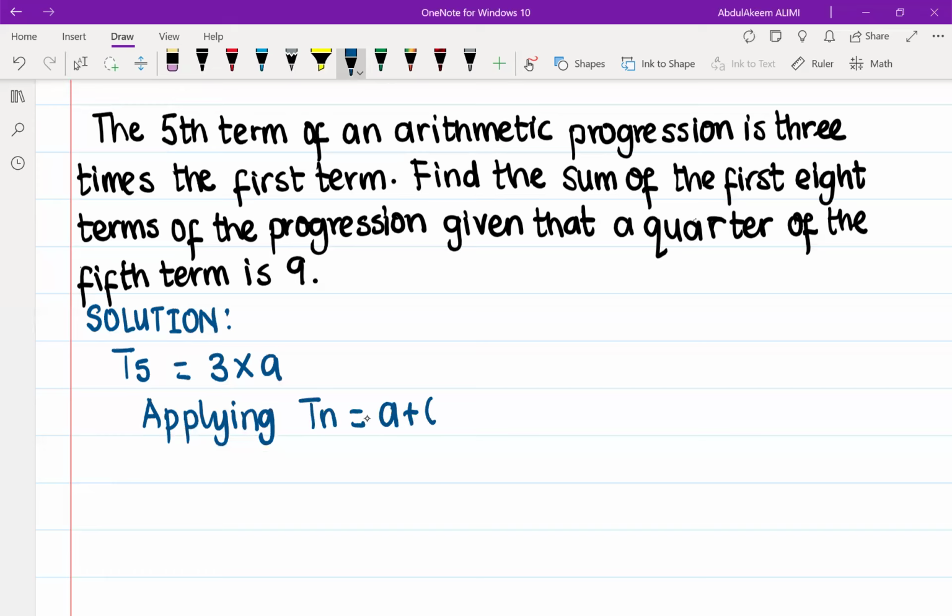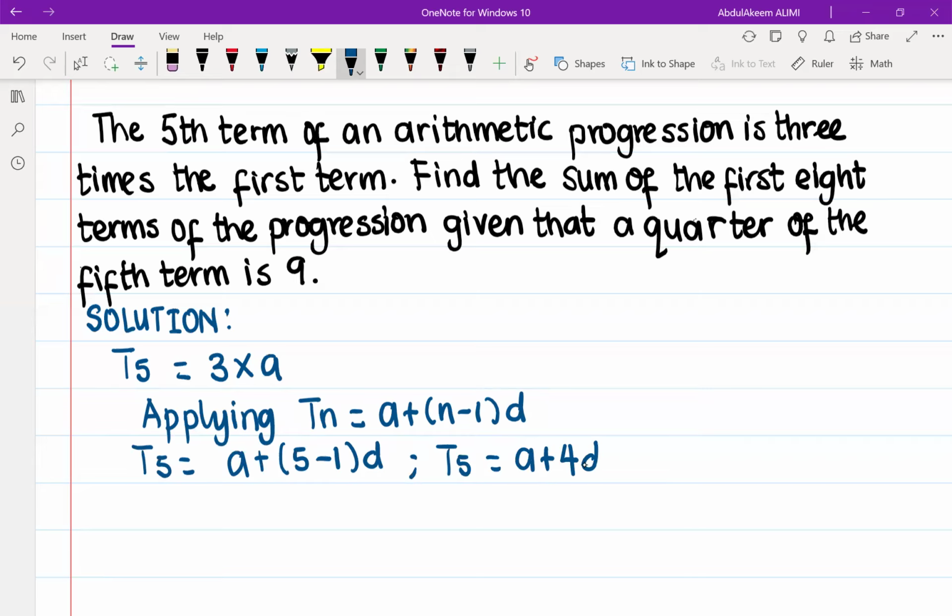A plus n minus 1 d. So what will my T5 be? My T5 will now become A plus 5 minus 1 d, whereby my T5 becomes A plus 4d. So I have A plus 4d is equals to 3a.